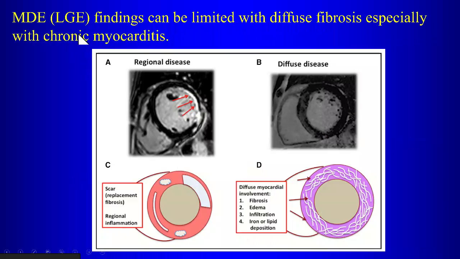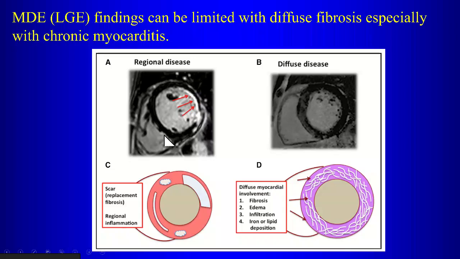So the issue with delayed enhancement, if you have very focal, regional disease, like you might see with the myocardial infarction, right? Then it's pretty easy to find the area of delayed enhancement, because what we do is we suppress the signal from the normal myocardium, and then that abnormal myocardium really stands out against the normal myocardium.